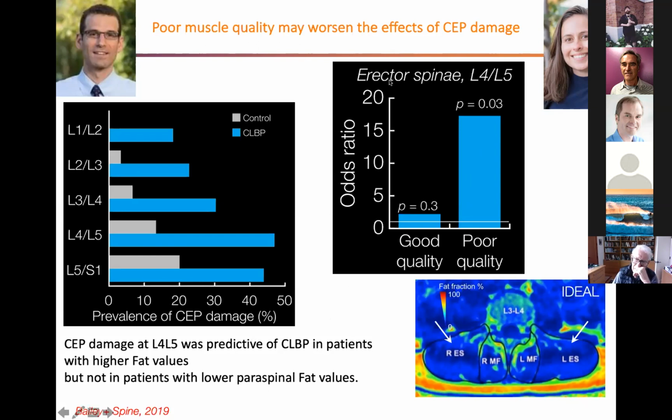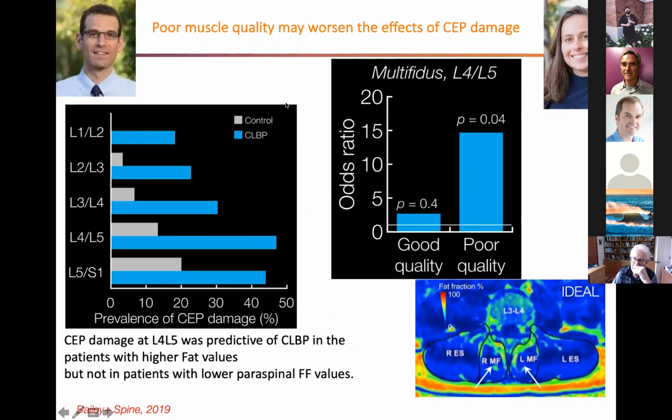This was done in the erector spinae, but similar results were obtained in the multifidus. Here you can see again that subjects with poor muscle quality had an extremely high odds ratio, and subjects with good muscle quality had a lower odds ratio.